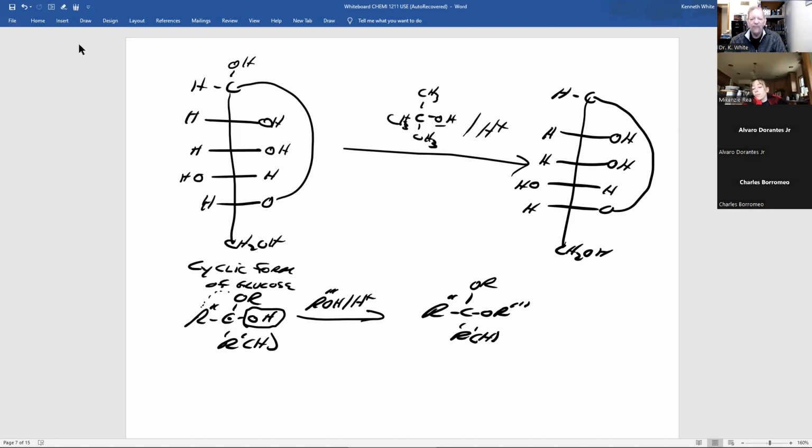And now, what's our R triple prime? This. And now, I did it wrong, sorry. It's a t-butyl group. And that's how you do this.